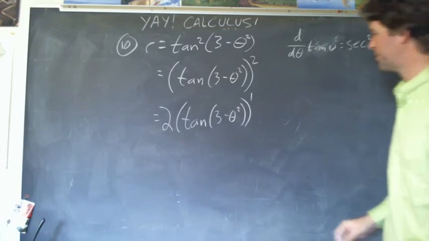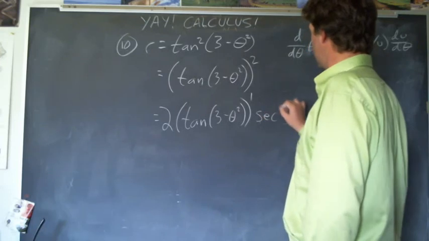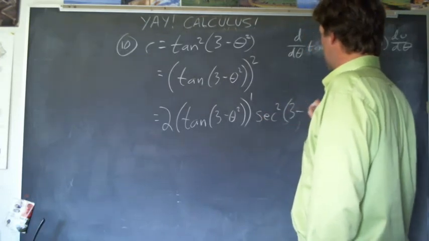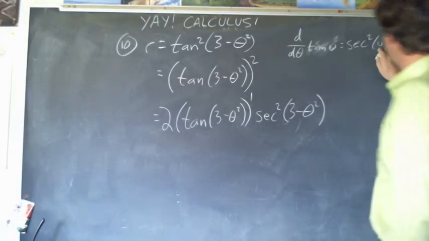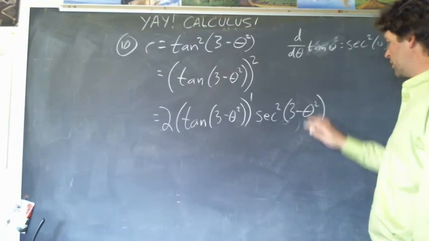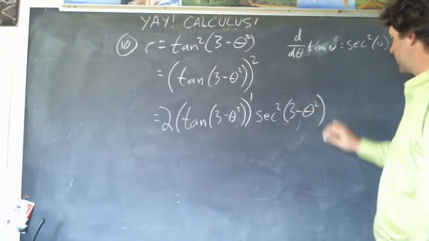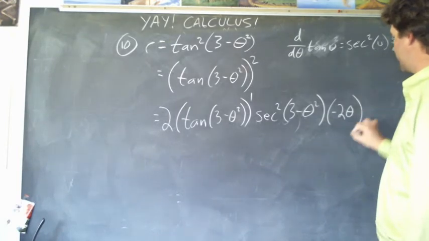So we'll apply this. We need the derivative by chain rule. Secant squared of 3 minus theta squared. And now we need the derivative of what's inside here, again by chain rule. Derivative of negative theta squared is going to be negative 2 theta to the first.